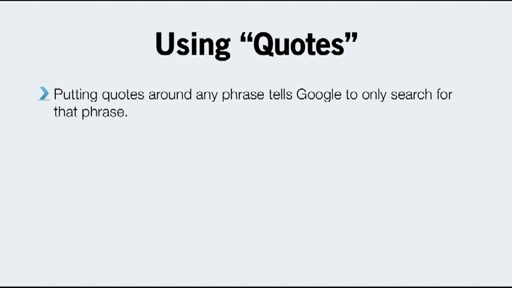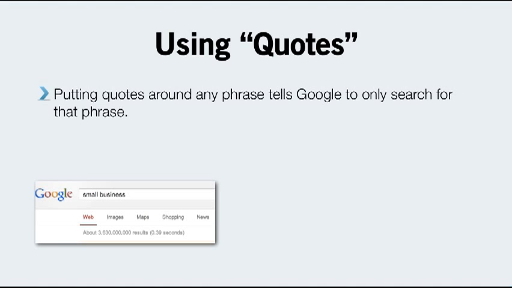Now, putting quotes around any phrase in Google, any search term where you're talking about more than one word. So instead of business, we say small business. It tells Google to only search for that phrase in that order. So here's what I mean.